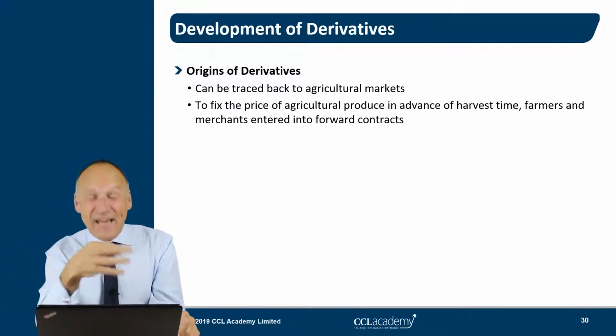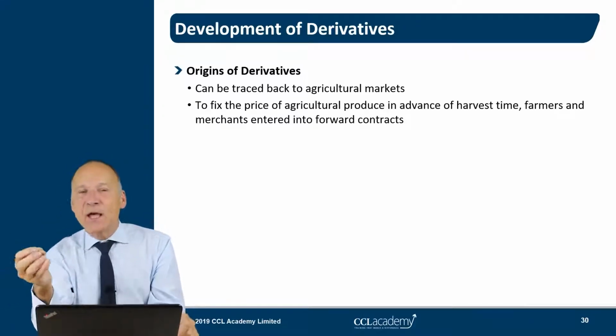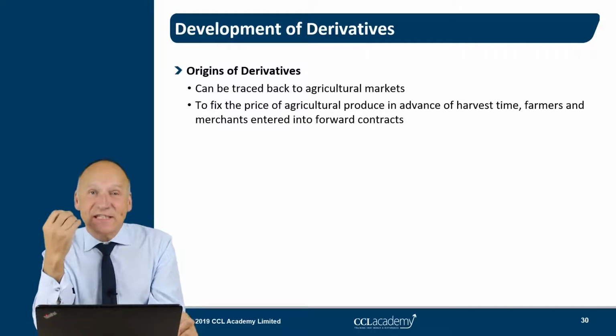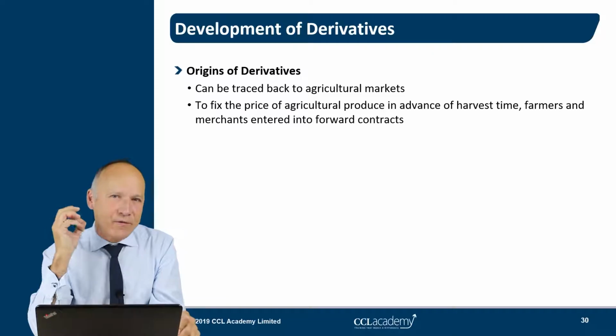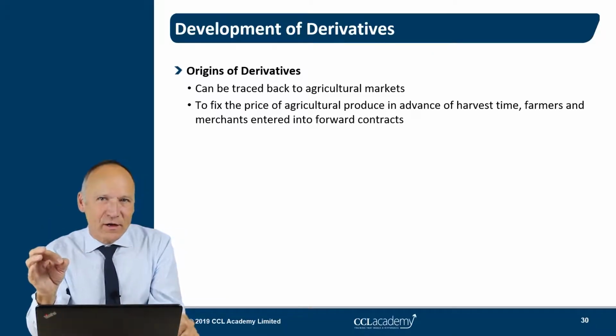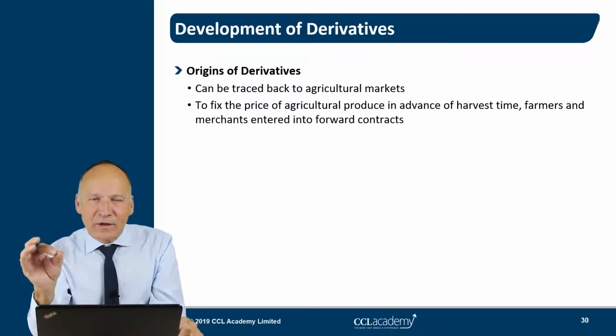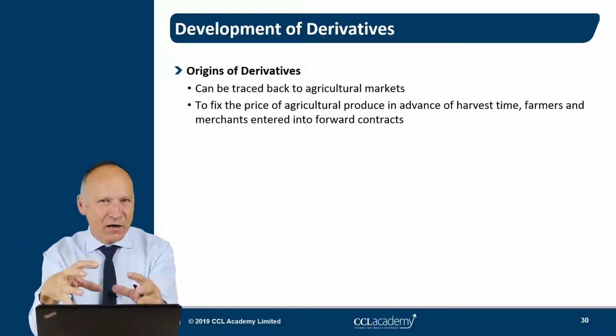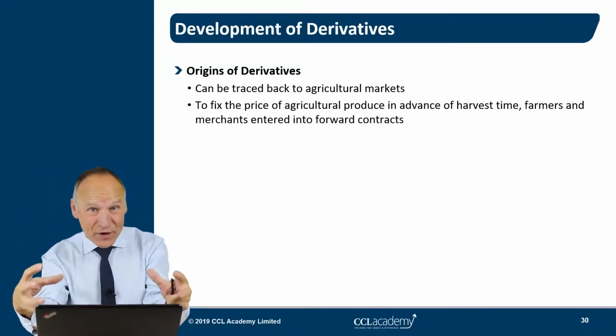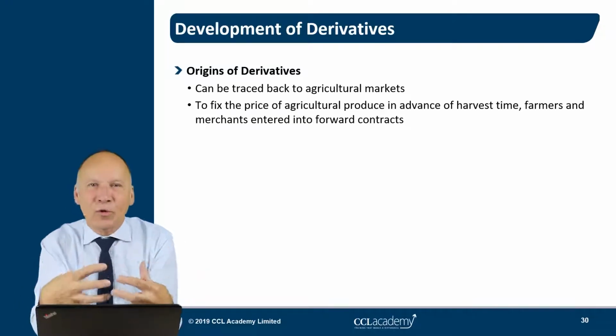So futures are the same as forwards in that sense, but they differ from forwards in that they're traded on financial markets. So if you've got the equivalent of a forward, but it's trading on a financial market, a derivatives exchange, if you like, then it's not called a forward anymore.